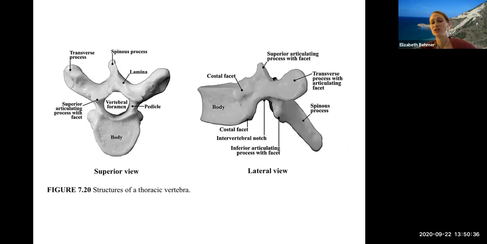This is structures of a typical thoracic vertebra. One person told me once that a thoracic vertebra looks like a giraffe. If you were looking at it head on, the spinous process is pointed down, kind of like a giraffe's nose, and the transverse processes stick out to the side, kind of like its ears. The body is medium in shape. You can see the articulating processes on the top and bottom, and still the pedicle, which is what attaches the body to the rest of the vertebra.